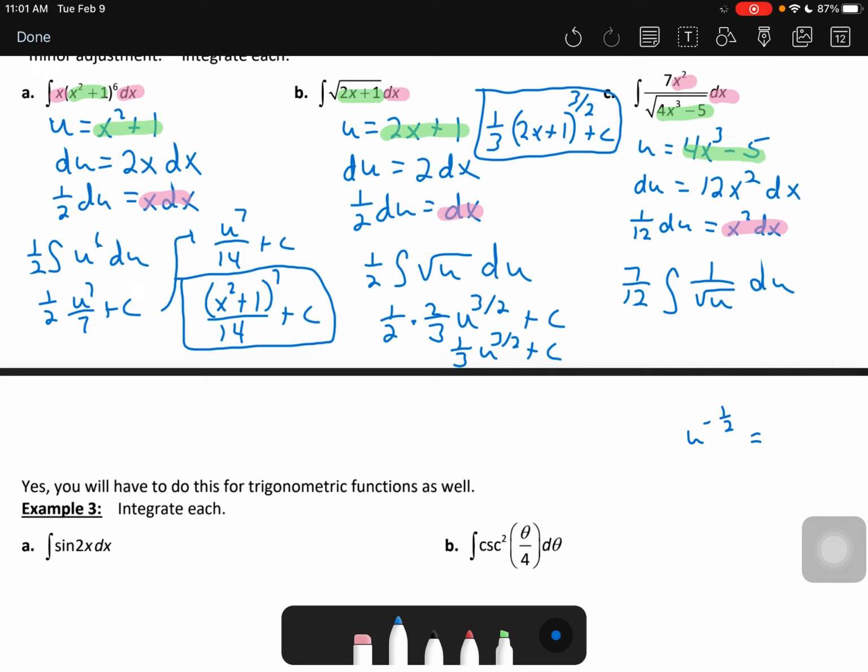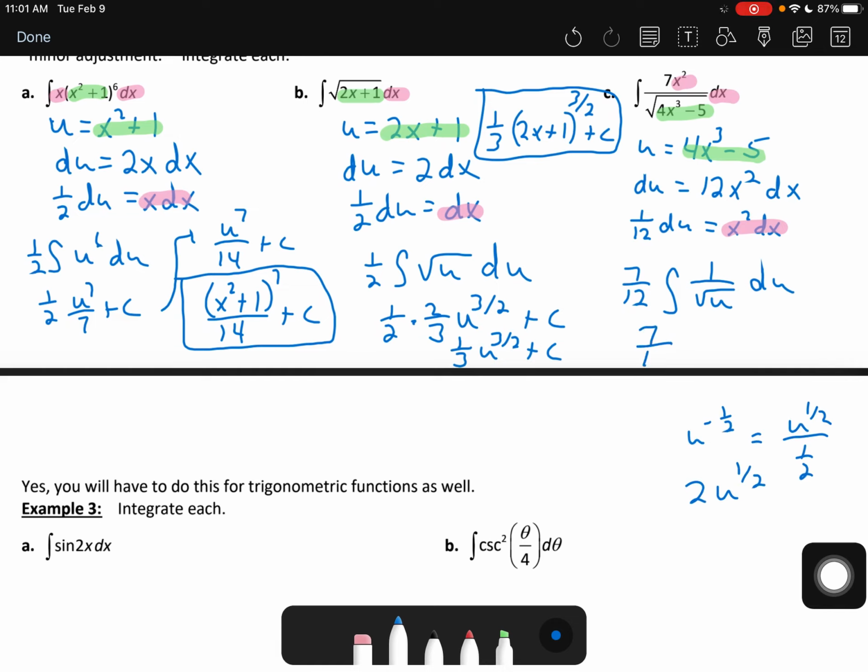So if I integrate this thing, I'm going to have u to the 1/2 divided by 1/2, which would be like 2u to the 1/2, like that. Okay, so that would be what this expression changes into after I do the antiderivative. So it'd really just be 2 square root of u. So hopefully you can follow that.